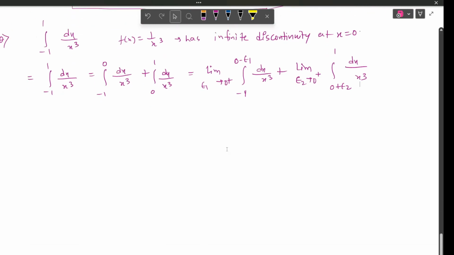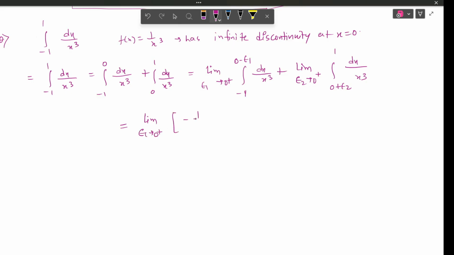Okay, now apply the formula. This is x to the power -3, so x to the power -3 plus 1 by -3 plus 1. This will be the limit as epsilon 1 tends to 0 plus of minus 1 by 2x square from -1 to minus epsilon 1, plus the limit as epsilon 2 tends to 0 plus of minus 1 by 2x square from epsilon 2 to 1.